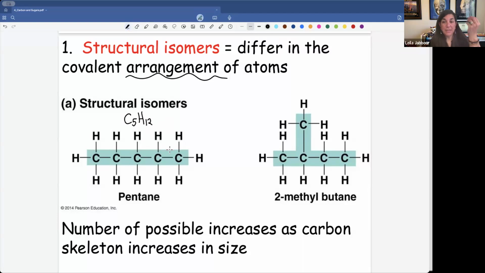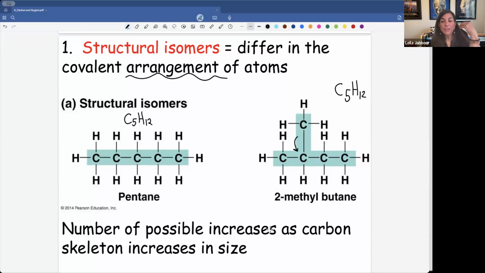That's pentane: 5 carbons and 4, 5, 6, 7, 8, 9, 10, 11, 12. My goodness, that's 5 carbons and 12 hydrogens. But it's not the same molecule at all. One of the carbons is not in line with the others. It's bound to one of the carbons in the middle, and it literally changes the properties of this molecule.